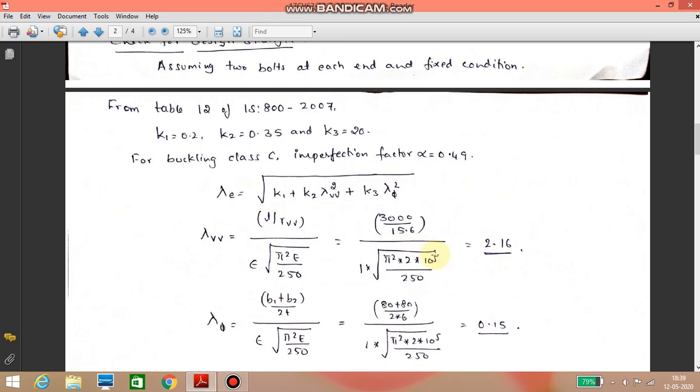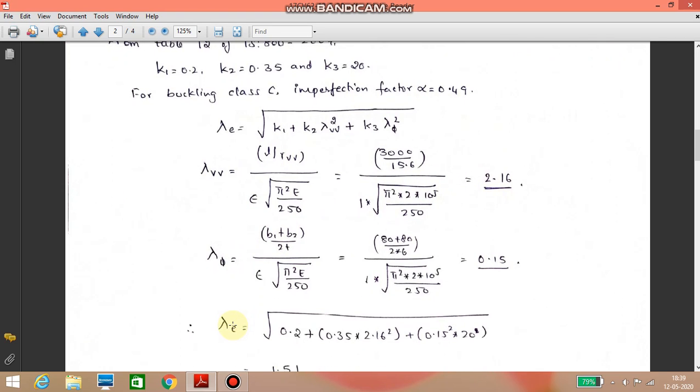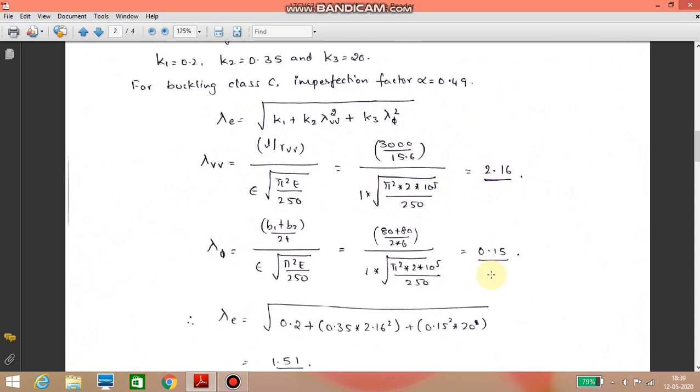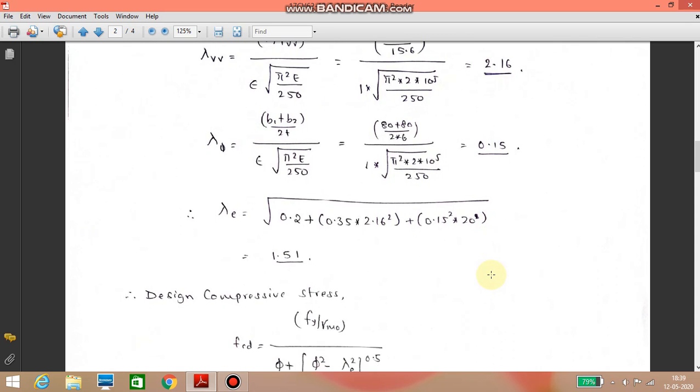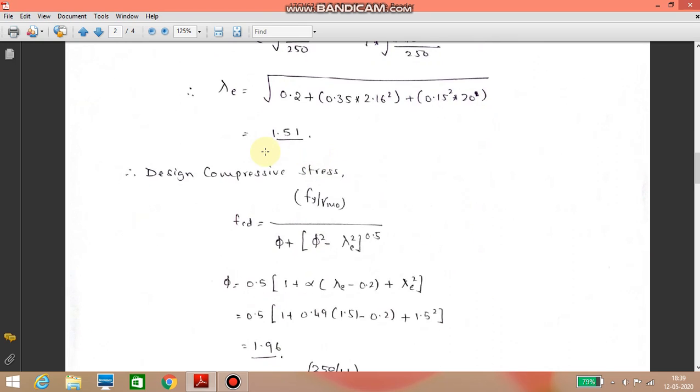So upon substitution we get 2.16. Then lambda phi equal to b1 plus b2 divided by 2t divided by epsilon into square root of pi square E divided by 250. Upon substitution of all the values we get 0.15. Now we calculate the lambda e. Lambda e upon substitution works out to be 1.51.